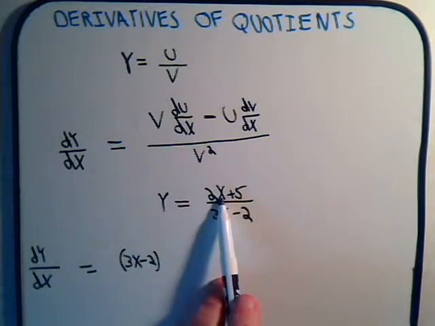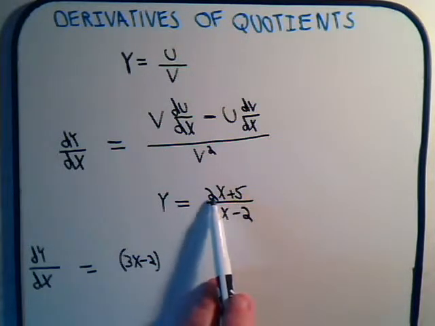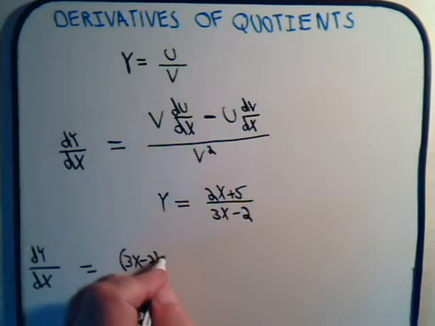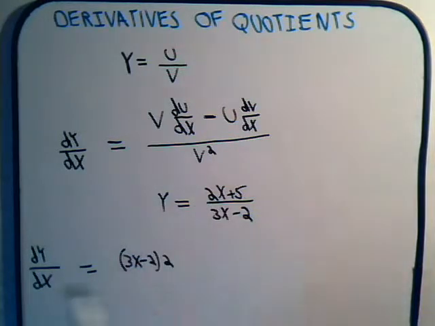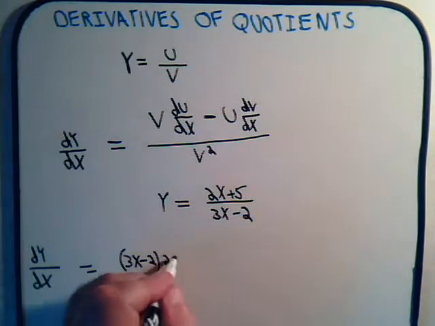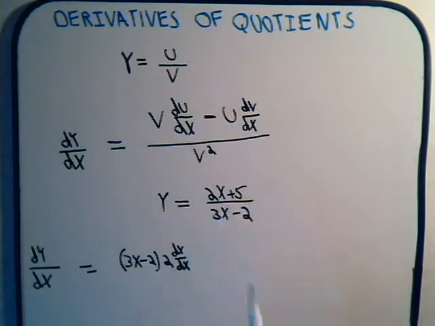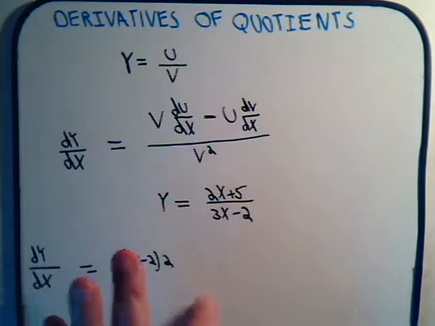So that's just going to be 2. That's going to be 0. Here we have 2 times dx dx. dx divided by dx is just 1. So this is 2. 2 times 1 is 2. So we have this 2 times dx dx, and we take this derivative. This is just 1, so we typically don't bother to write that down.